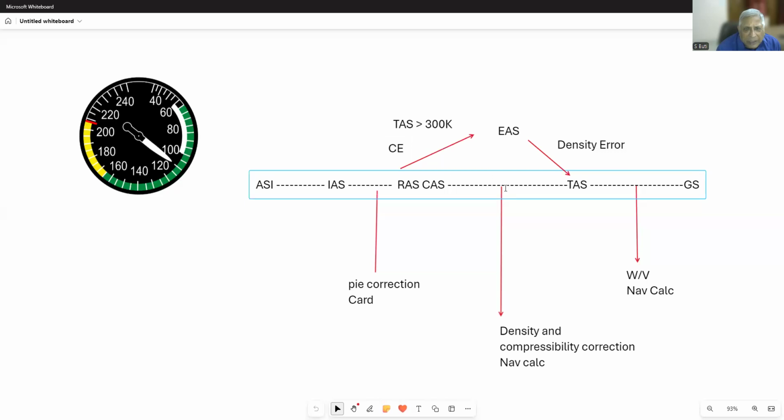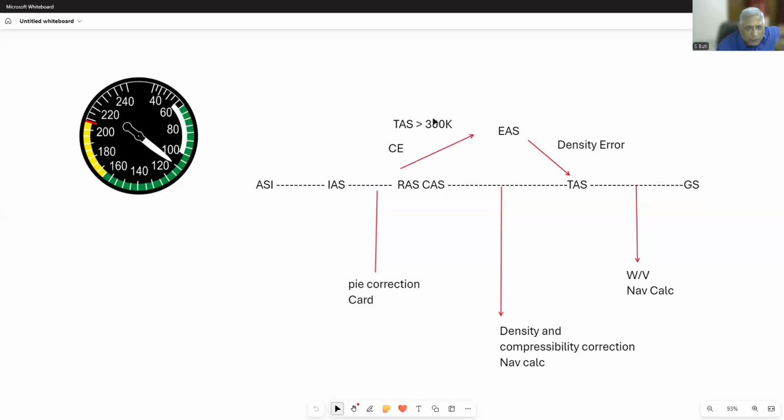As I go higher and higher, the pressure being exerted on the capsule falls because the density of the air falls, and my indicated airspeed keeps falling. So to calculate the true airspeed, I have to apply a density error correction and then get the TAS.